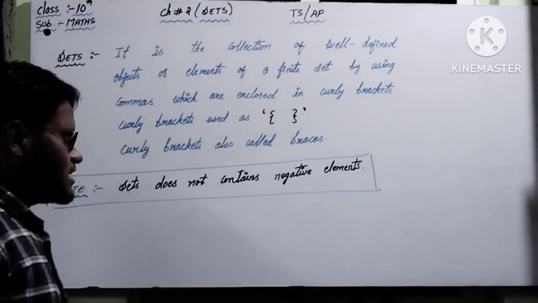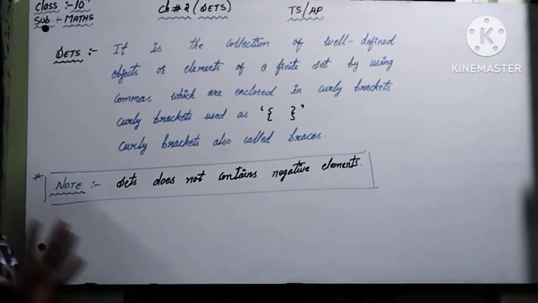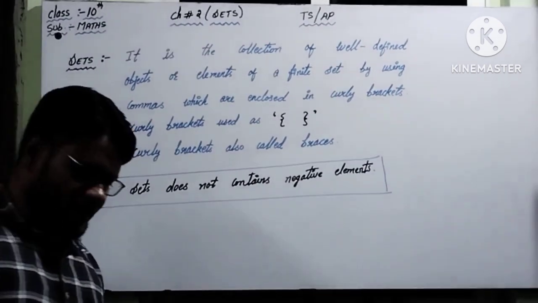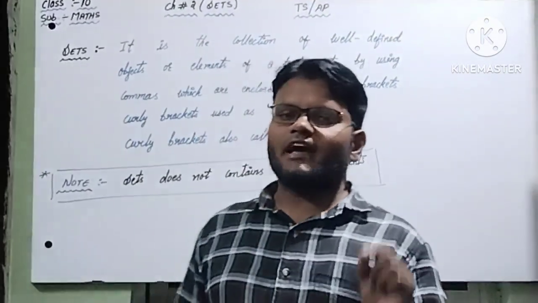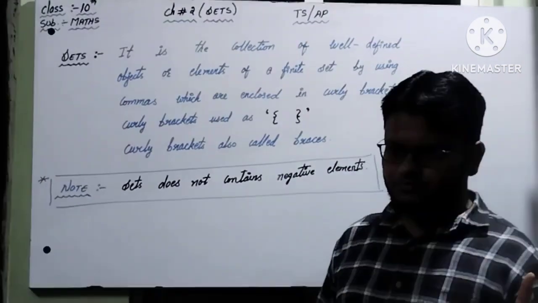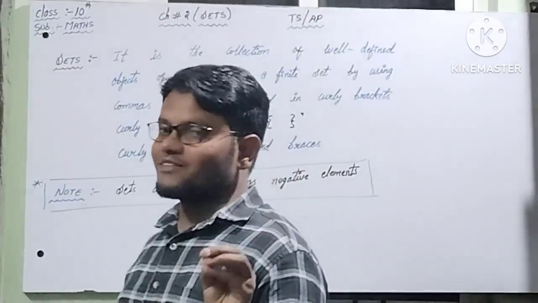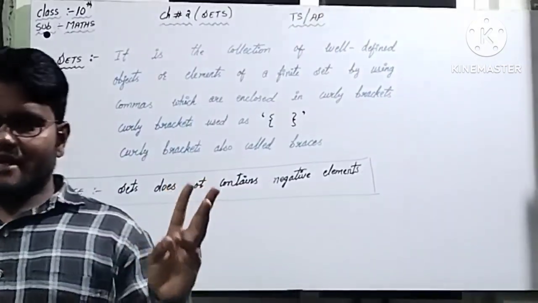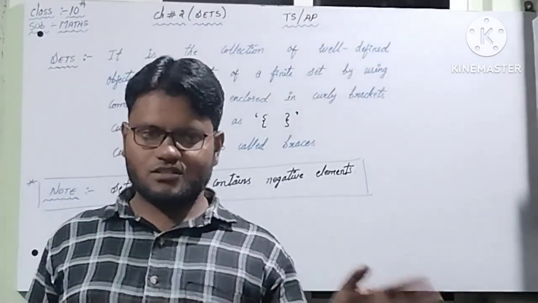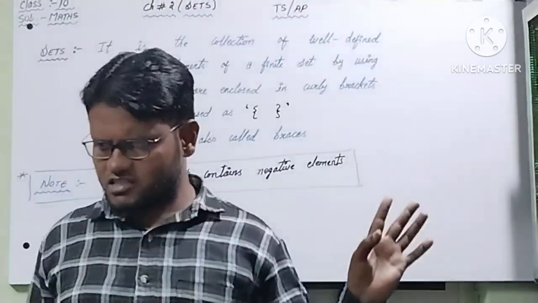Then, sets are mainly denoted by capital alphabets. Capital A, capital B, capital C, and so on up to capital Z. It's your wish.